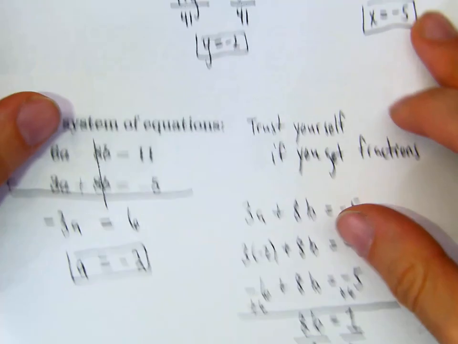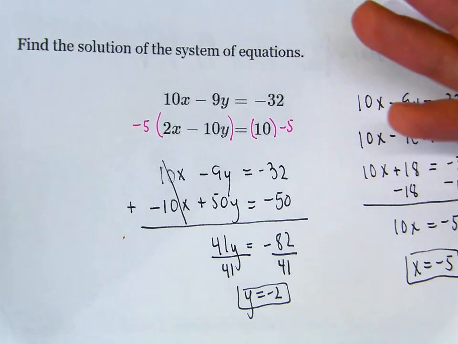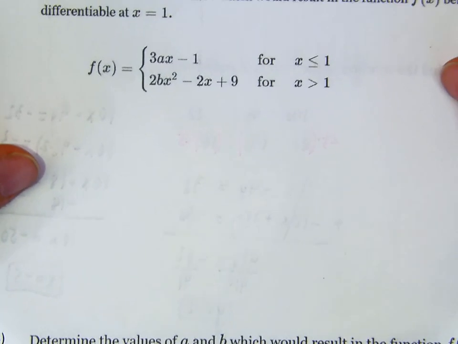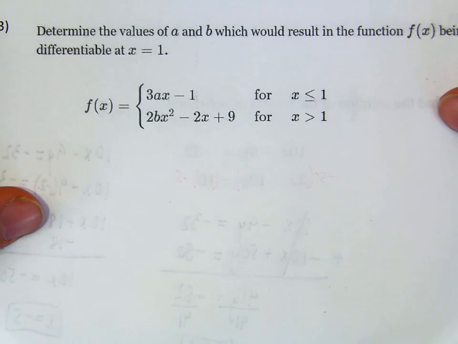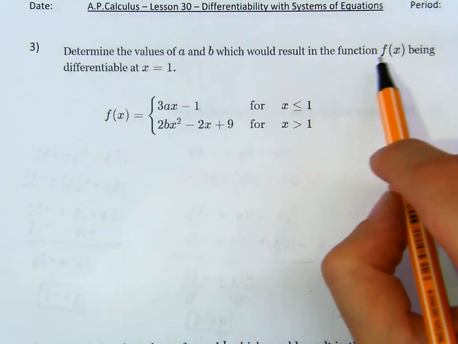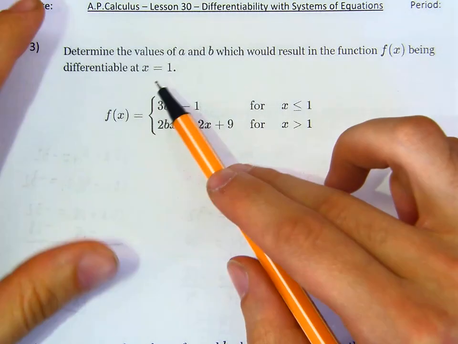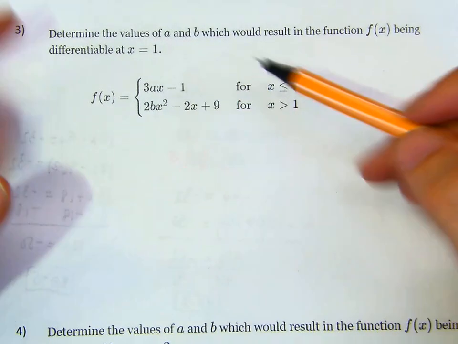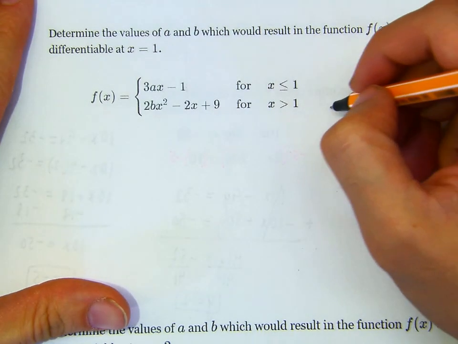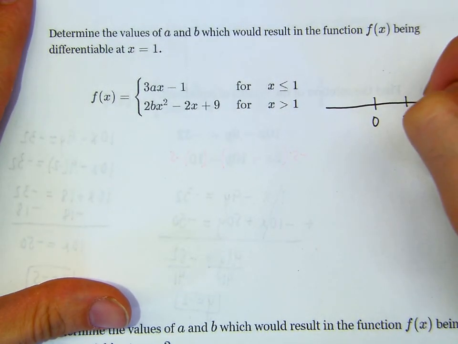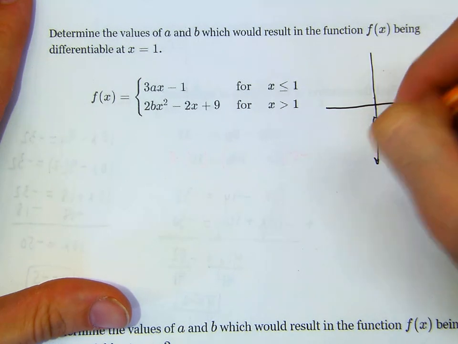Okay, great. Now, how do we actually do some calculus? Because this is Algebra 1. Let's take a look at this question here. It says, determine the values of a and b that would result in the function f of x being differentiable at x equals 1. Here you have a piecewise function, and if this is the number line, this is 0 and this is 1.